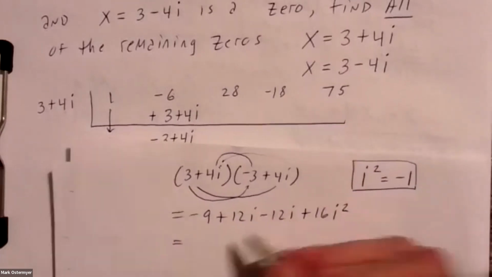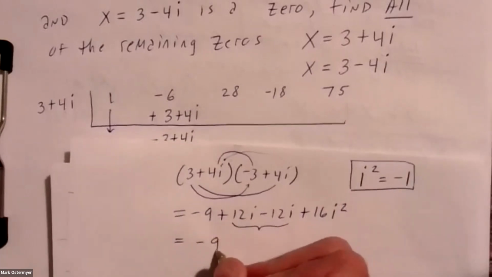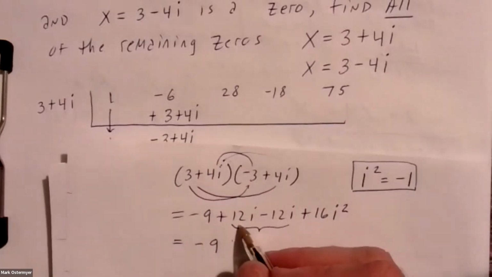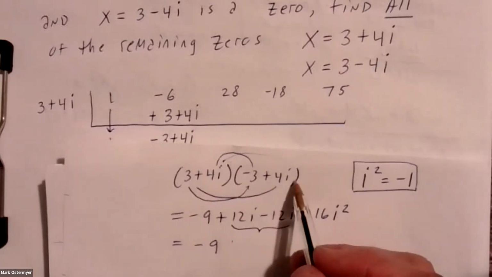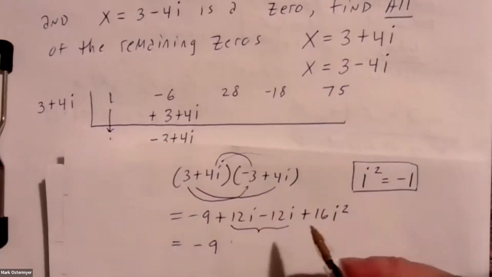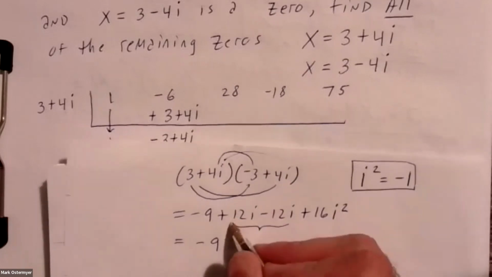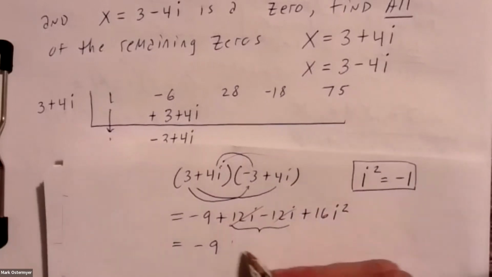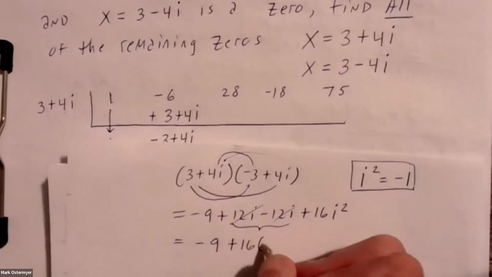Therefore, combining my two middle terms, let me make sure I did this right. Yeah, the 12i's drop out, don't they? So I'm left with negative 9 plus 16 times i squared, but i squared is negative 1.